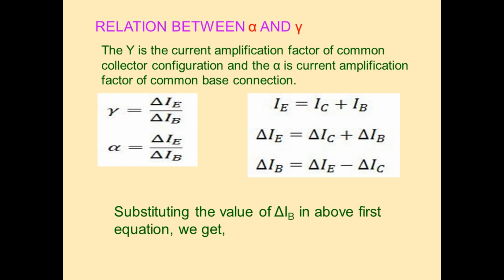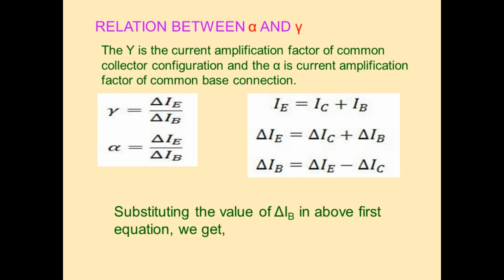And now the relation between alpha and gamma. Gamma is the current amplification factor in CC configuration and alpha is the current amplification factor in CB configuration. We know that alpha equal to delta IC by delta IE, gamma equal to delta IE by delta IB.